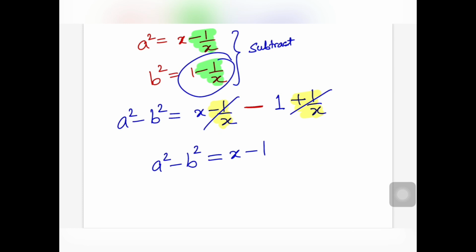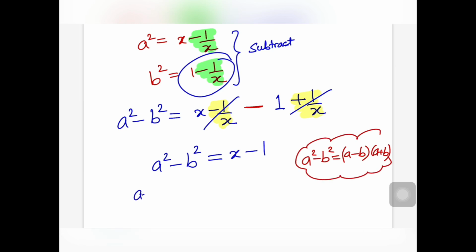Alright, I have the expansion formula for a squared minus b squared. What is that? a squared minus b squared equals a minus b into a plus b, remember? So I am going to apply this formula on the left side of the equation. So this will be a plus b into a minus b equals x minus 1.